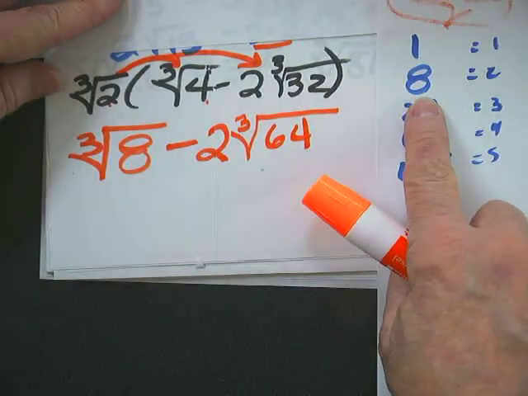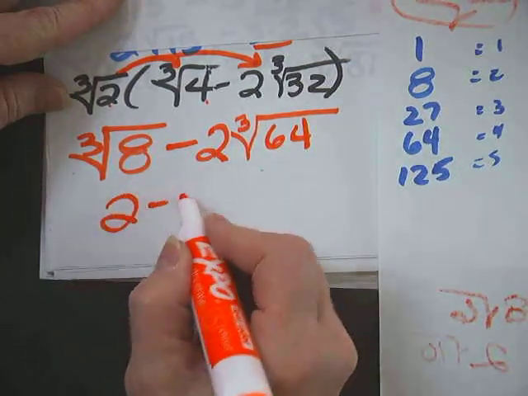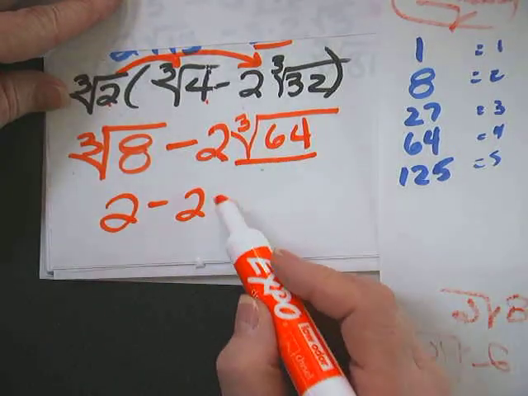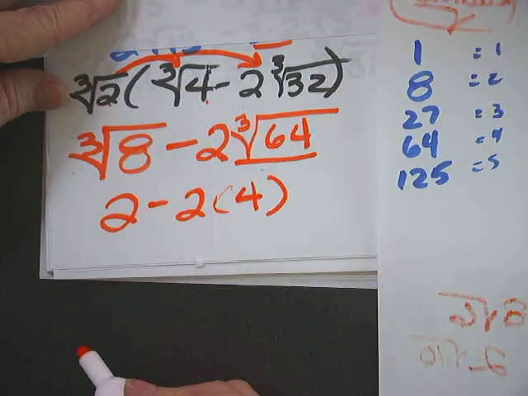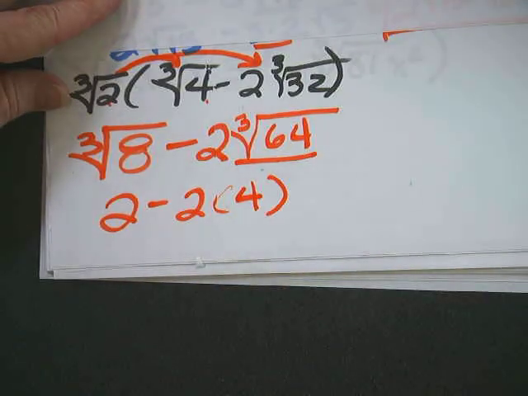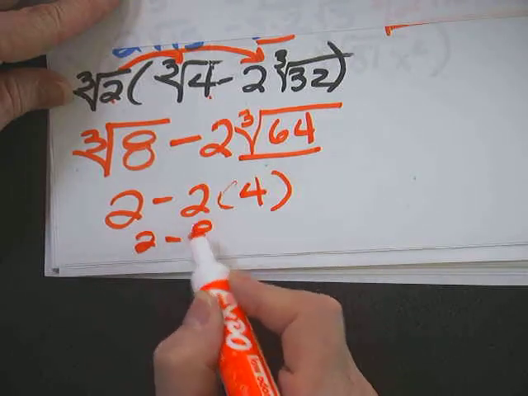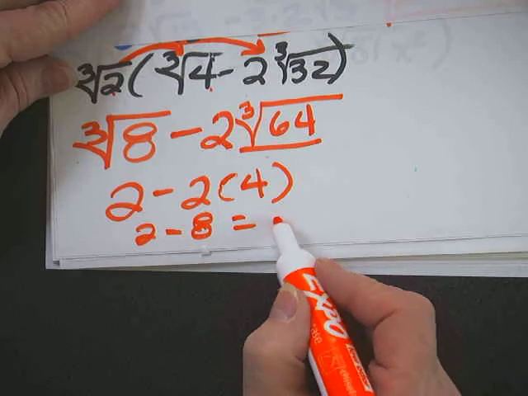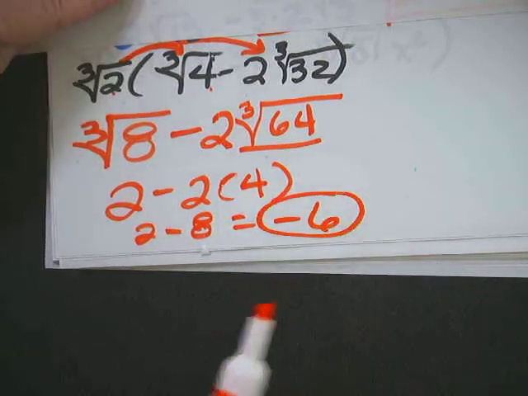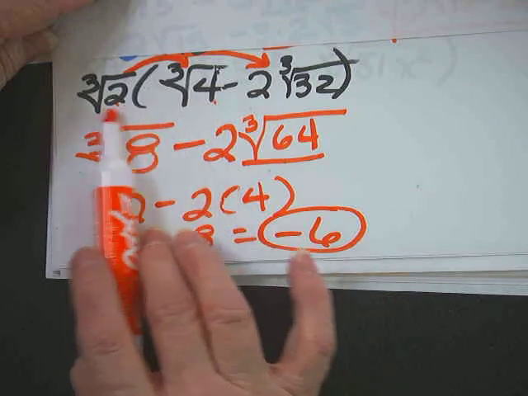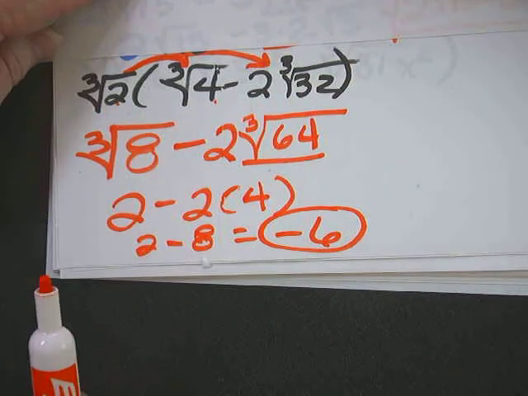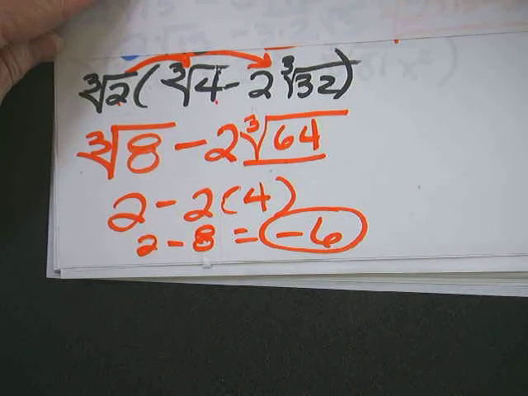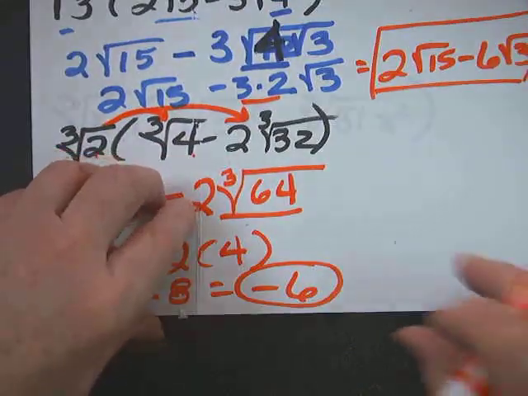That's good. Now, we're going to do it times the second one. Leave the 2 in the front. Let's multiply those cube roots. 32 times 2 is 64. Look what we have. We have some perfect cubes there. This one's a perfect cube and that one's a perfect cube. Cube root of 8 is 2. Cube root of 64 is 4.